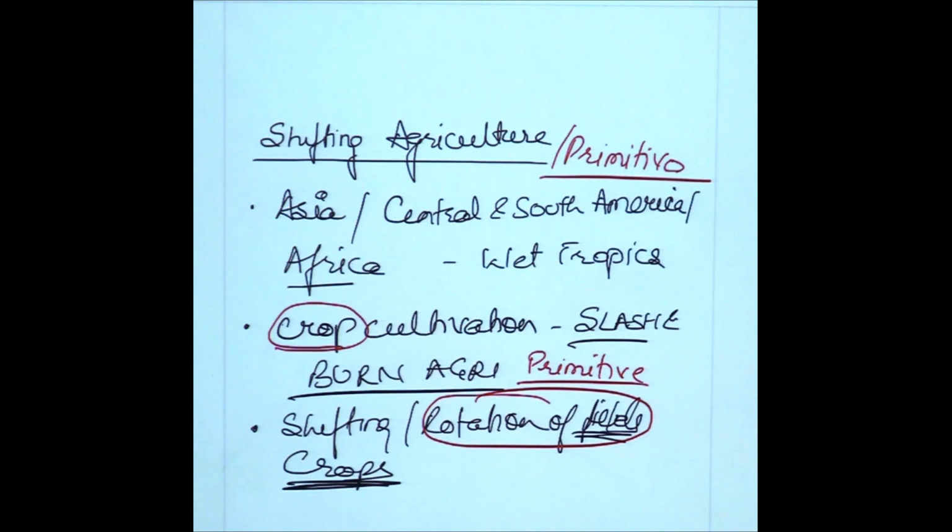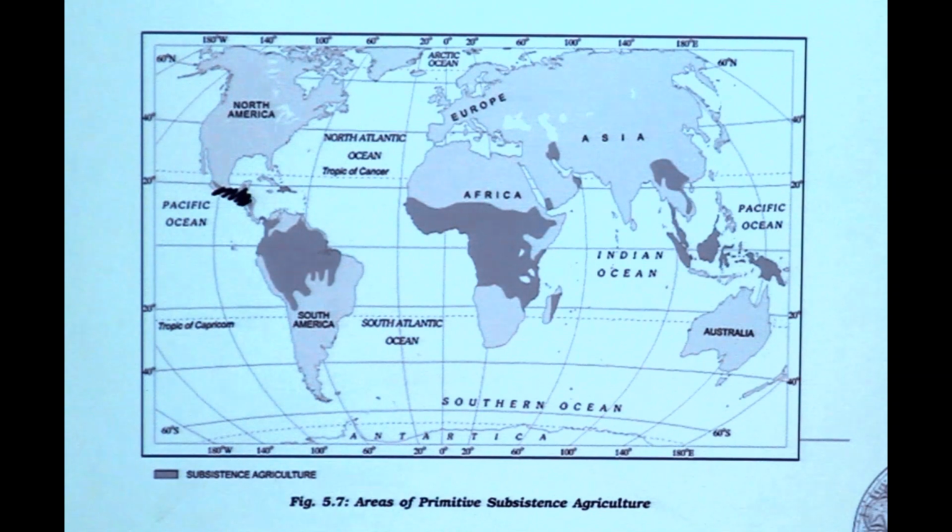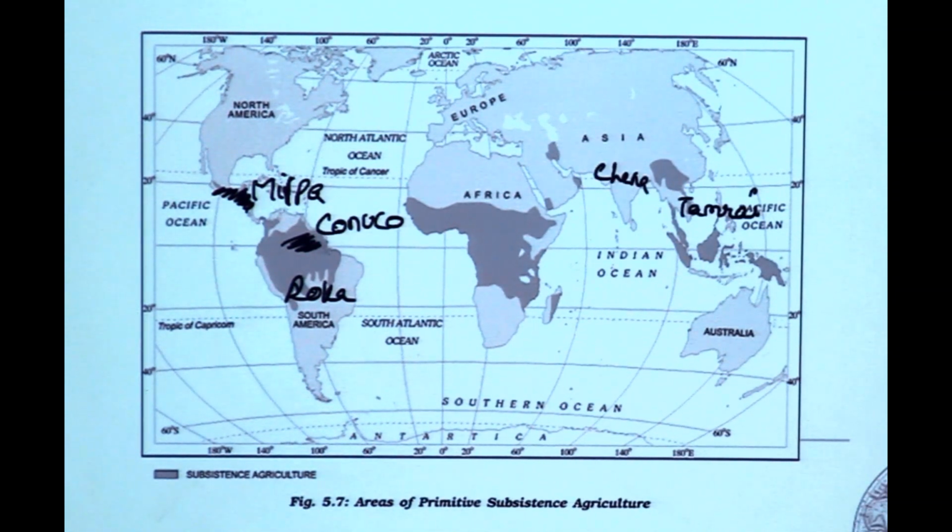Going back to NCERT: Mexico, Milpa; Venezuela, Conuco; Brazil, Roca; Southeast Asia, a range of names, Tamarai; India, China, largely in the northeastern part of India.